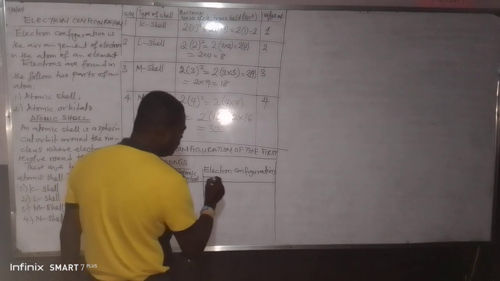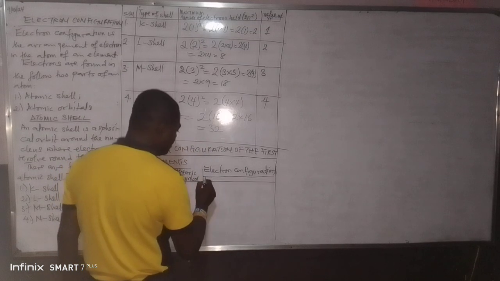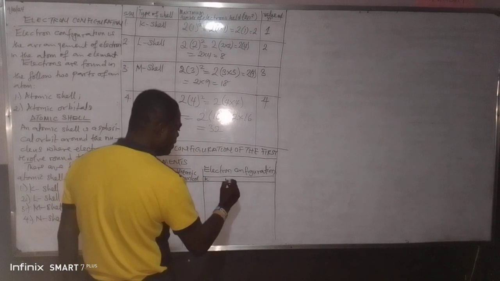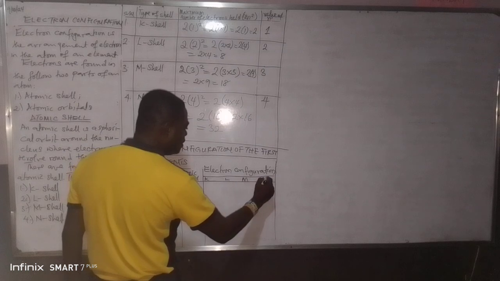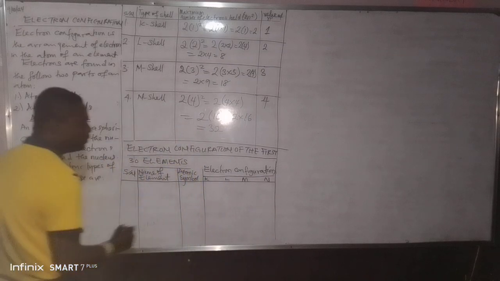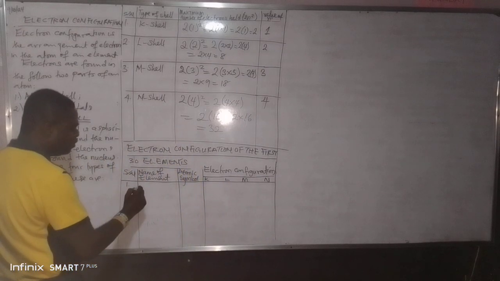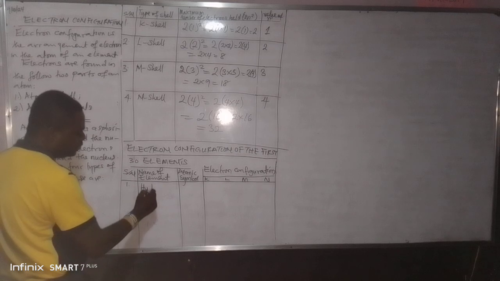In this electron configuration, we have K shell, L shell, M shell, and N shell. So number one is hydrogen.